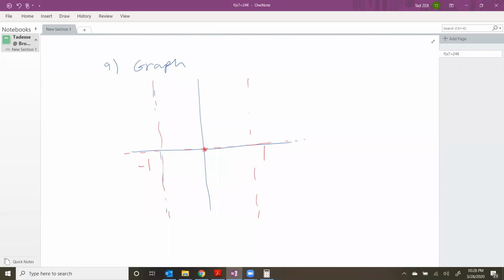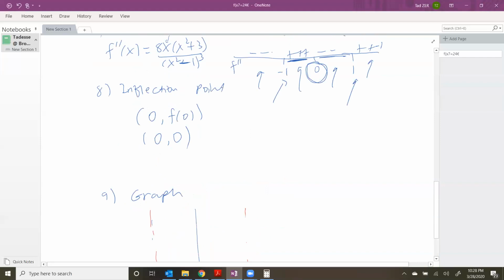So it says from negative infinity to negative 1, it's decreasing. So it should be something like this. And then from negative 1 to 0, it is increasing... no, I don't think it's increasing, right?